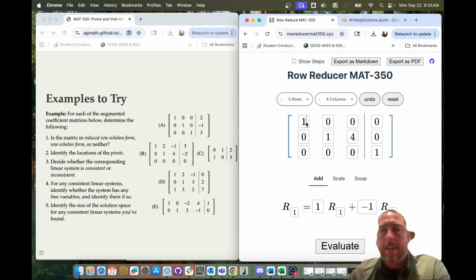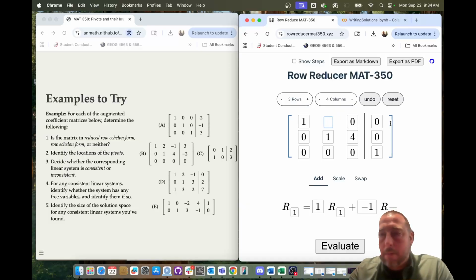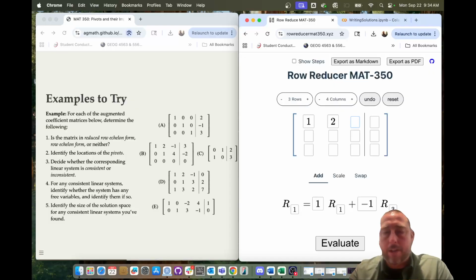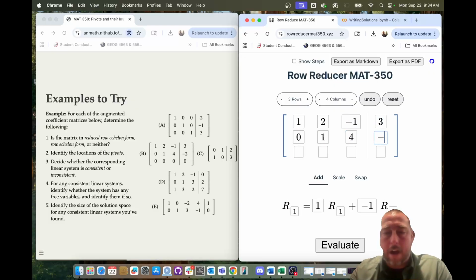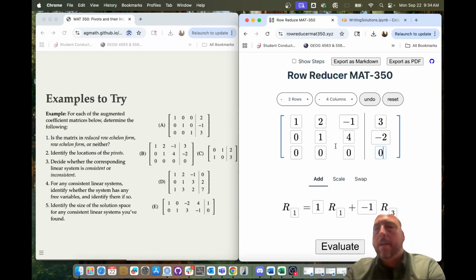I'm going to fill in this matrix, and then we're going to use the applet to reduce the matrix to reduced row echelon form so that we can have an easier time reading the solutions off of it. So that last row is all zeros. So this matrix is actually close to being in reduced row echelon form. The only entry that we need to zero out is this 2 that's in the top center.